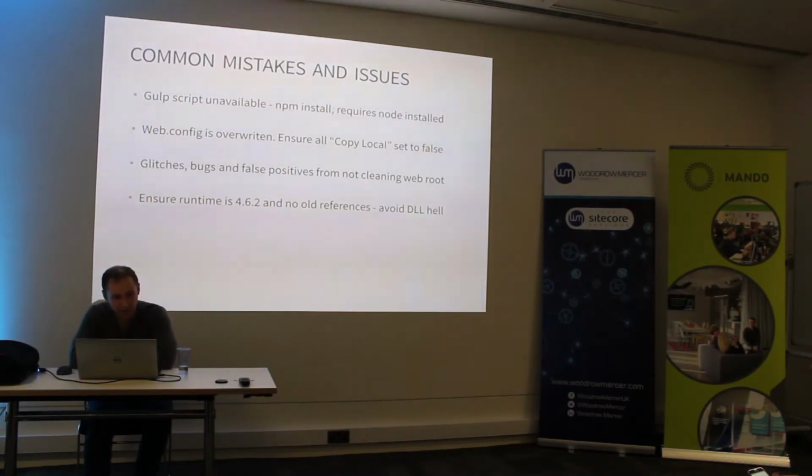We are running against .NET 4.6.2, so that's the version of .NET that should be there. Make sure nothing else is present apart from that version, and also avoid using DLLs from past versions. In my experience, I used to migrate projects and had issues, like Sitecore from version 8.2 being referenced.